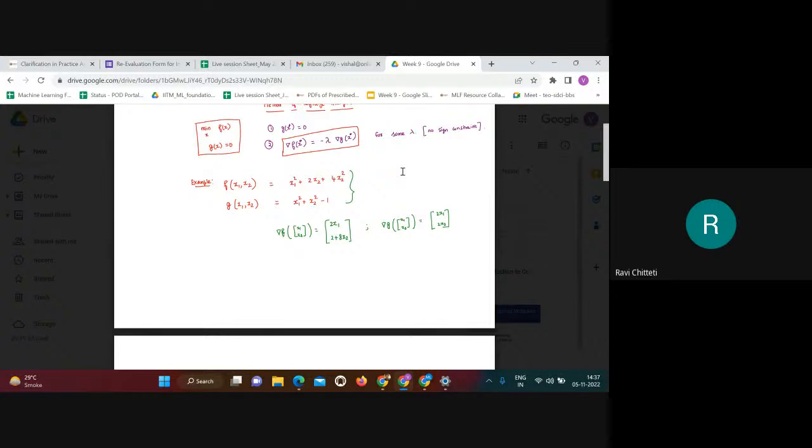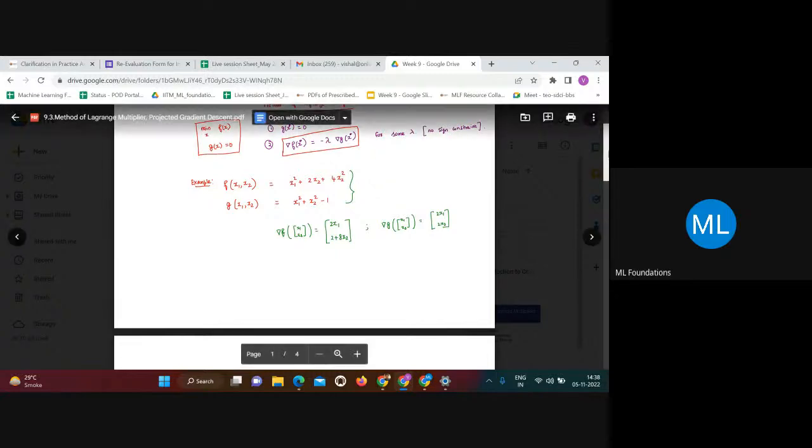I mean to say the gradients could be parallel to each other, each of these curves, and anti-parallel also can happen, but they need not lie on the same point. No, it should lie on the same point. At the same point we are taking care, like we were discussing in the last lecture.